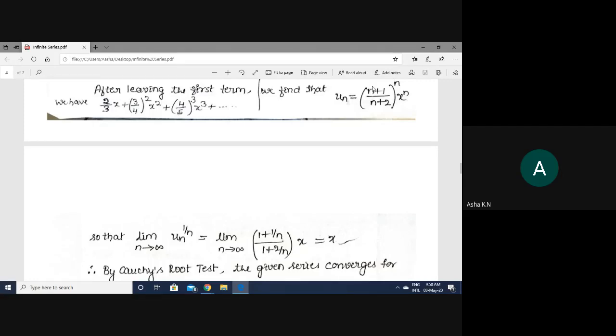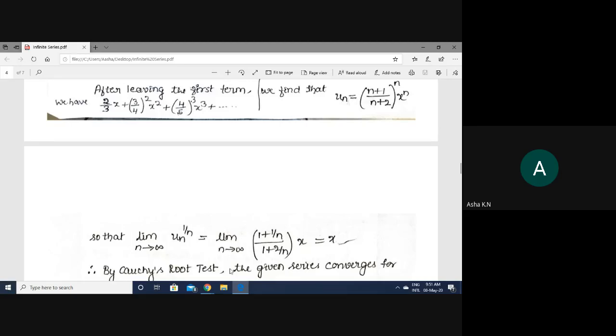But when you apply the limit, you will get infinity by infinity form. So take n as a common factor from both numerator and denominator, that n will get cancelled. So you are left with 1 plus 1 by n over 1 plus 2 by n, into x. As n tends to infinity, 1 by infinity is 0, 2 by infinity is 0. So 1 into x is x.